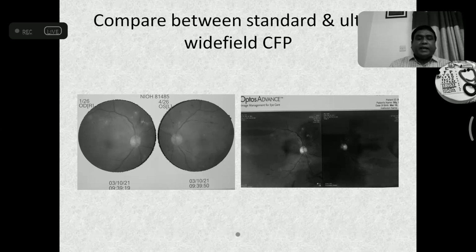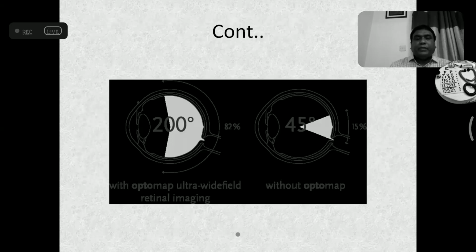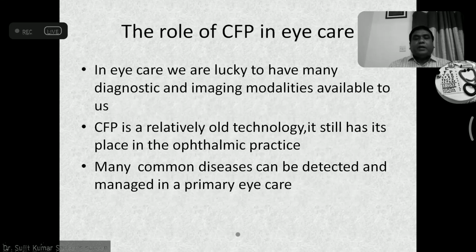And this is the normal standard color fundus photography picture, and the field is about 45 to 50 degrees. It is 200 degrees in the ultra wide field camera, that is 82%, and 45 degrees in the standard fundus camera, that is 15%.